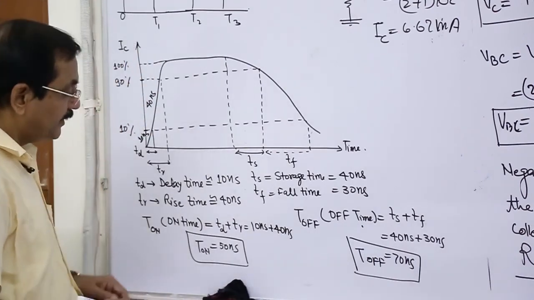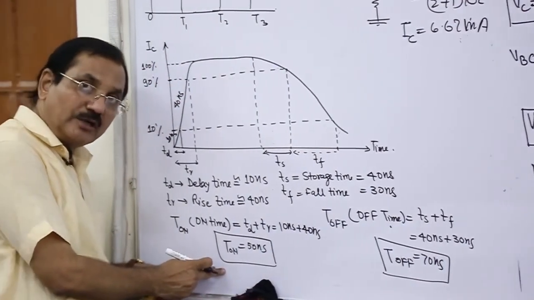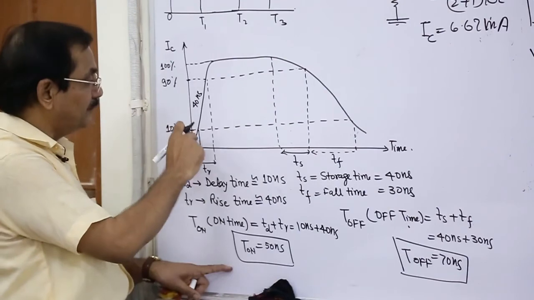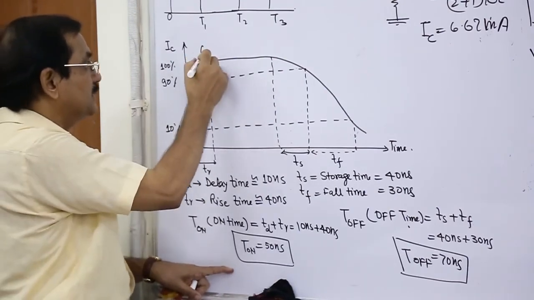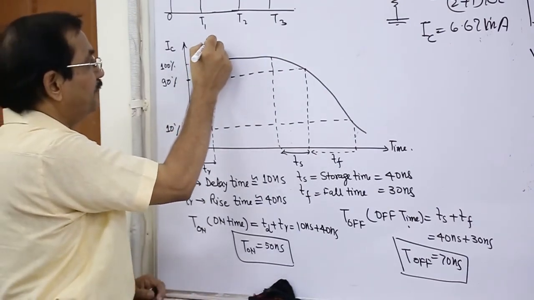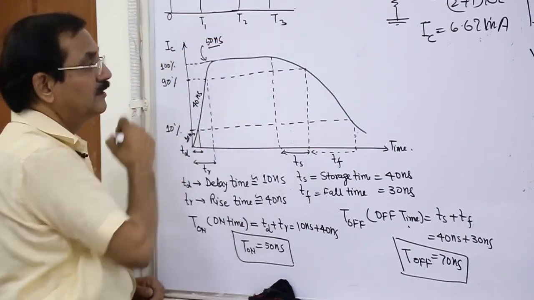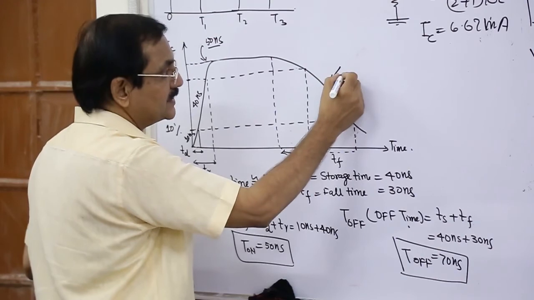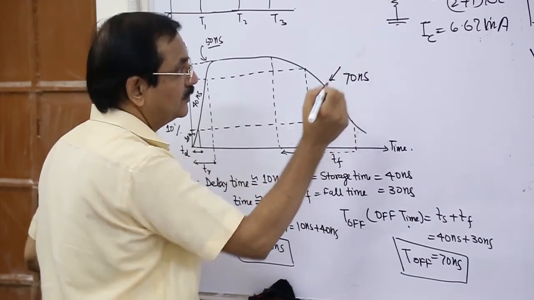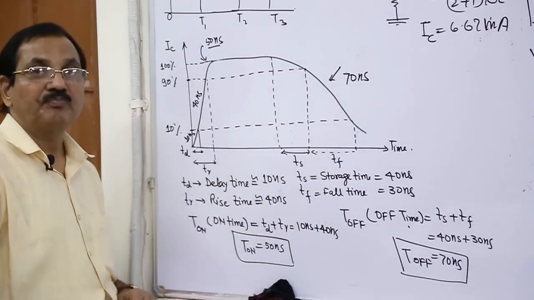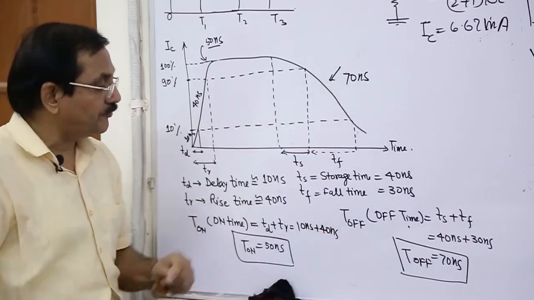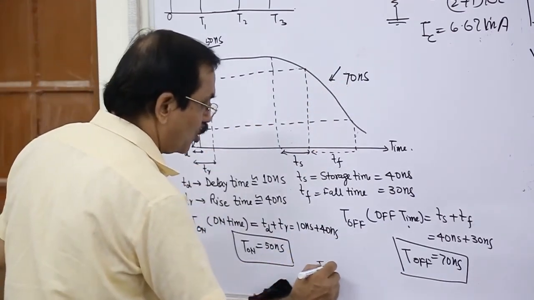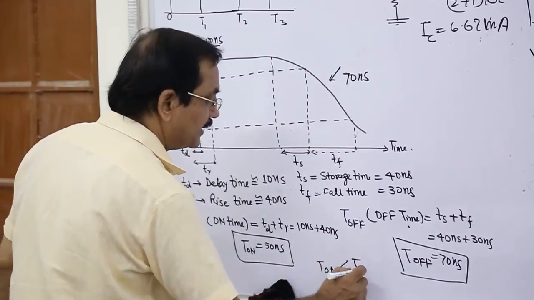So, what do we find? T on is 50 nanosecond and T off is 70 nanosecond. You see this T on is less than T off.